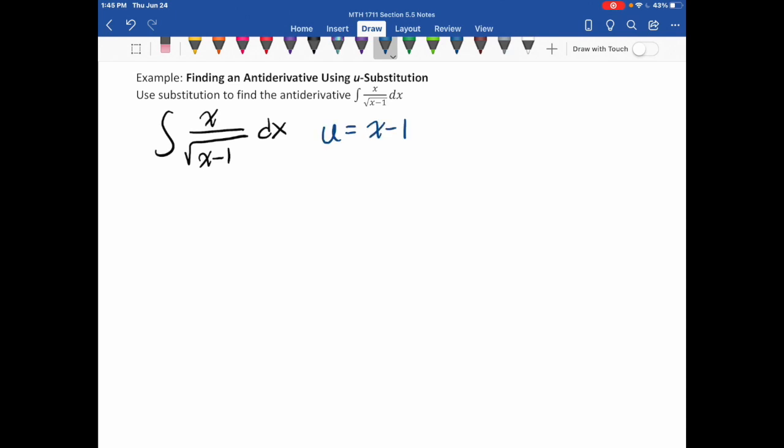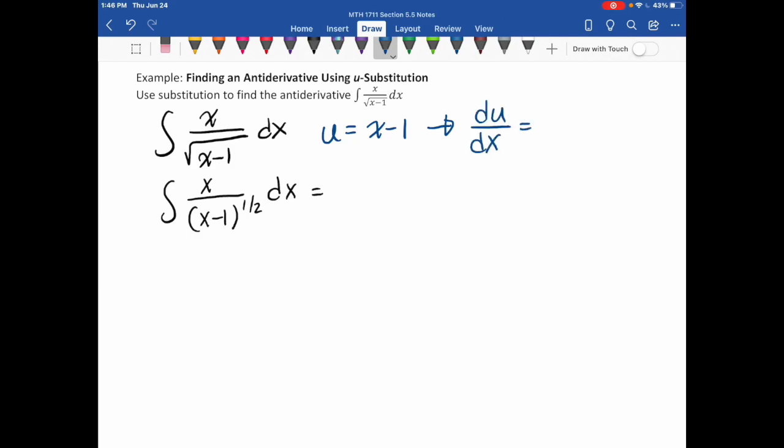I'm going to substitute and let u be equal to x minus 1 because I recognize that that's probably going to be our inner function. I'm also going to go ahead and rewrite this as x minus 1 to the 1/2 because I prefer using powers rather than roots.